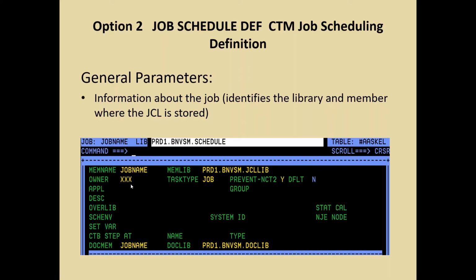Directly from here you cannot say that this owner is given wrong. To do that verification, you need to check this owner against the user parameter in the job card. Both should match. Okay, thank you.